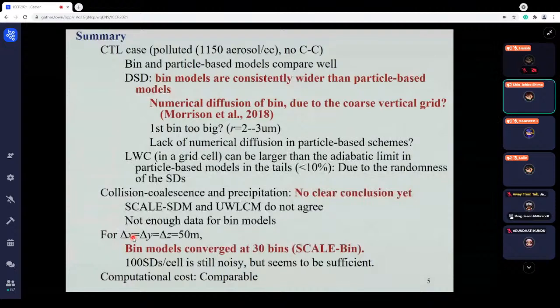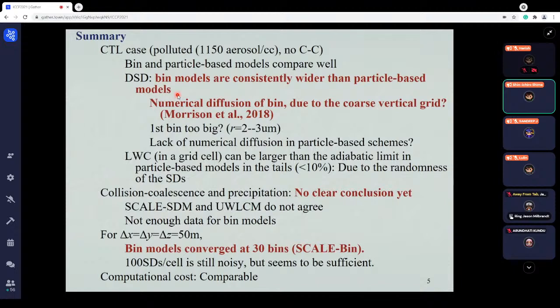And this is a summary of our findings. From the control case, this corresponds to a relatively polluted aerosol case without collision-coalescence. Here we confirm that bin and particle-based models compare well qualitatively, and it's consistent with what we observe in nature.